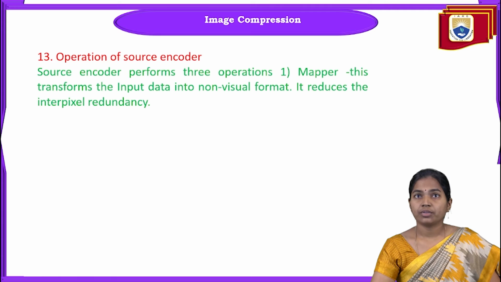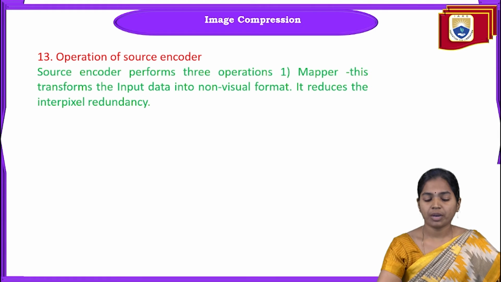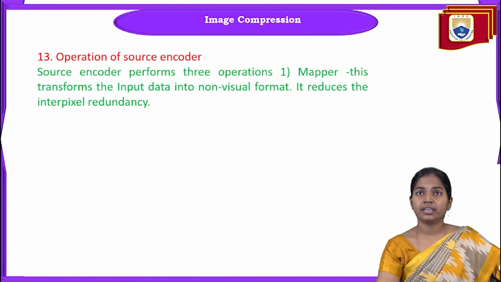Operation of the source encoder. The source encoder performs three operations. First is the mapper. The use of the mapper transforms the input data into a non-visual format, and it reduces the interpixel redundancy.